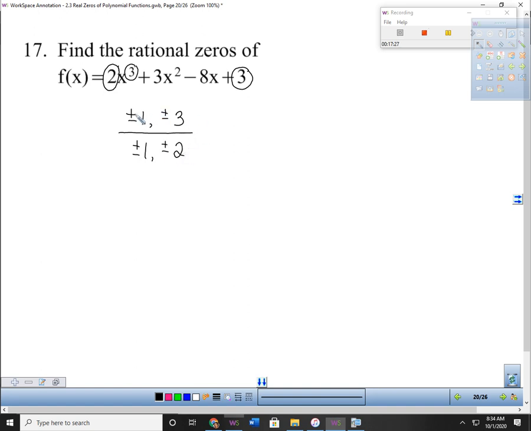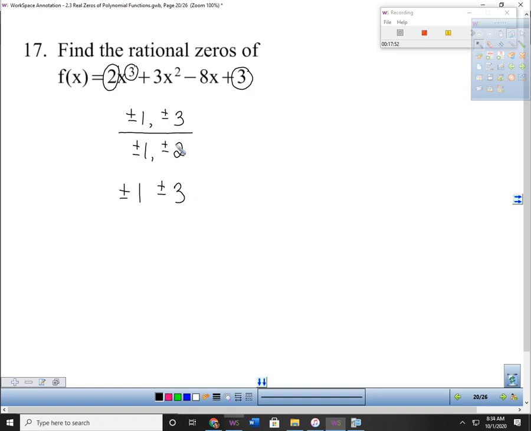So since I have 2 terms on top and 2 terms on bottom, I'm going to take both terms on top and divide them by 1, and then both terms on top and divide them by 2. So if I take 1 divided by 1, that would be 1. And then 3 divided by 1, that would be 3.